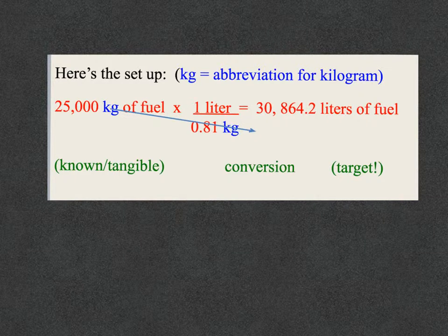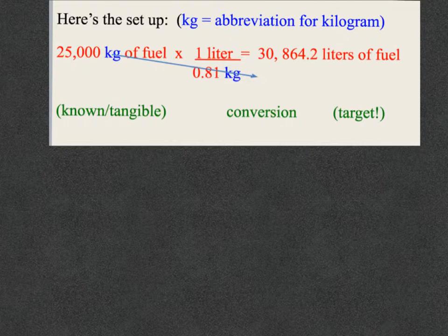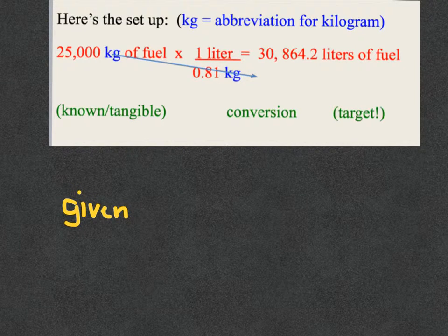As a quick little review, I want you to add something to your notes that's very useful for you, okay? There's a basic setup for all of this. You always start with the given. That's your step 1, okay? Your given value and unit.